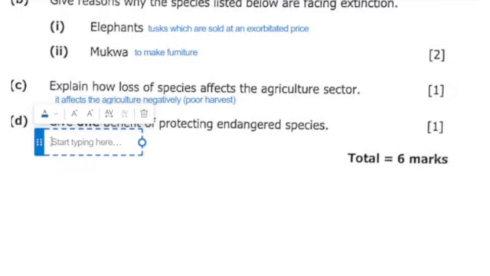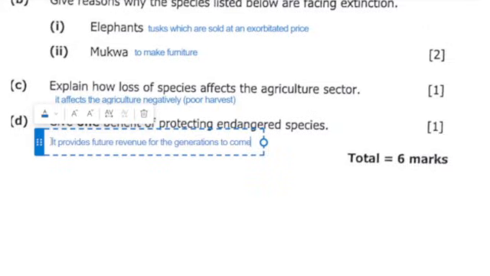It provides future revenue for the generations to come.